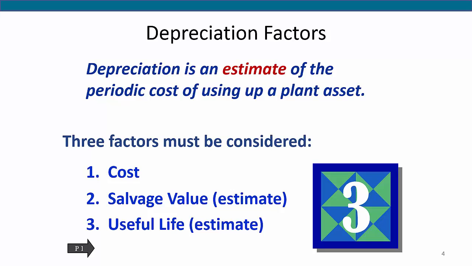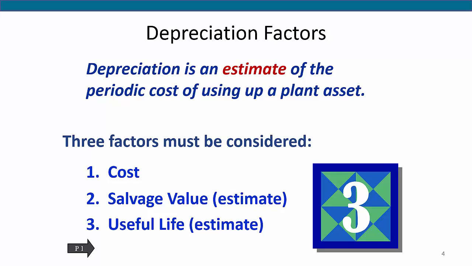Factors that determine an asset's depreciation are number 1, the cost, number 2, the salvage value, and number 3, the useful life. The cost of a plant asset consists of all necessary expenditures to acquire it and prepare it for its intended use. Total depreciation expense will be equal to the asset's cost minus its salvage value.